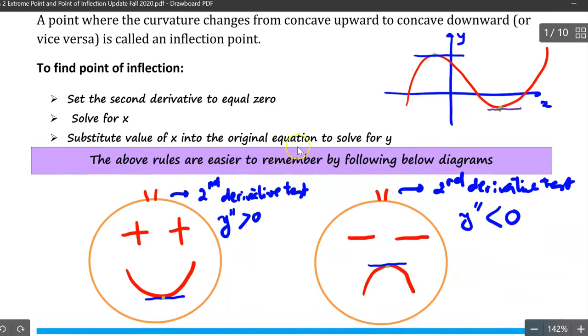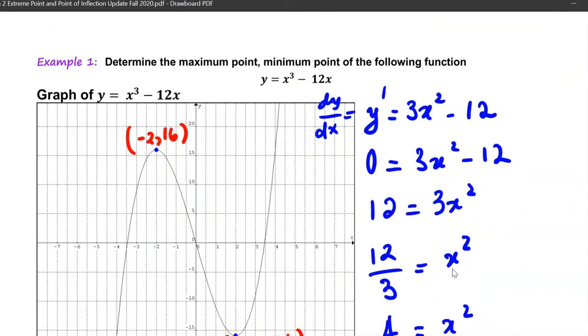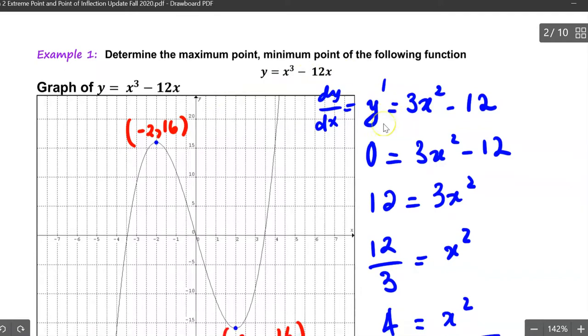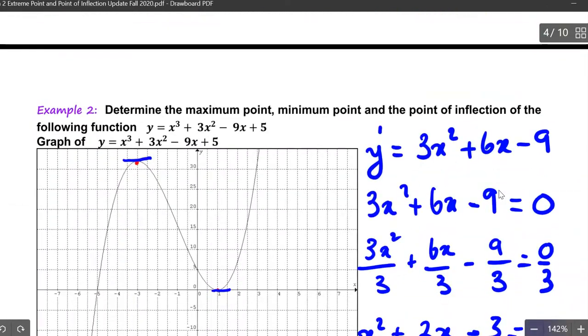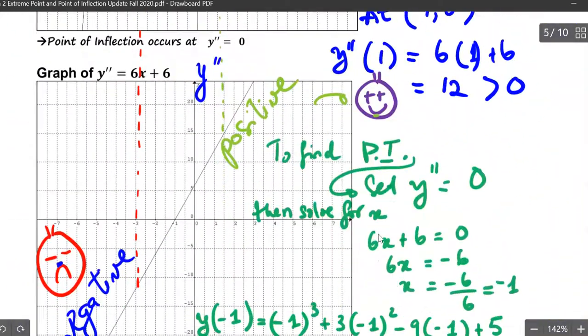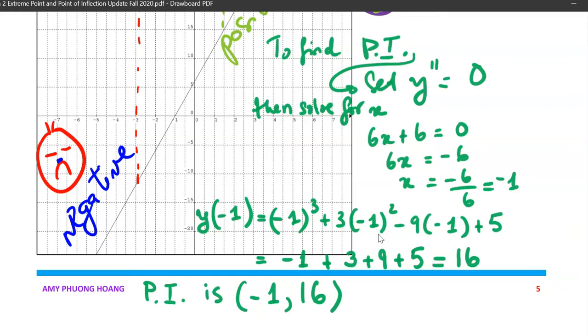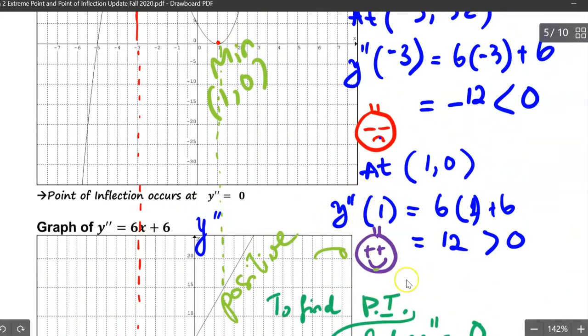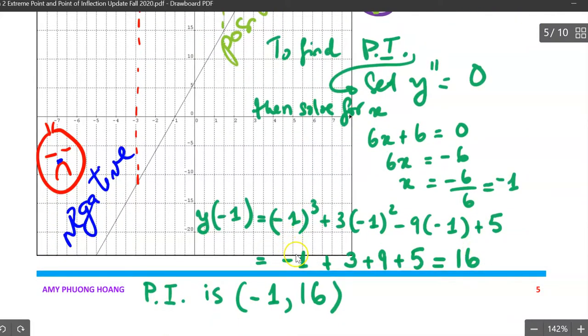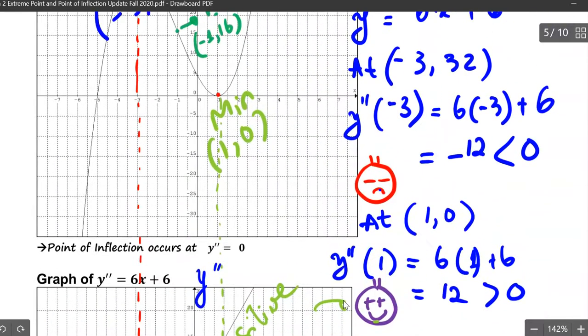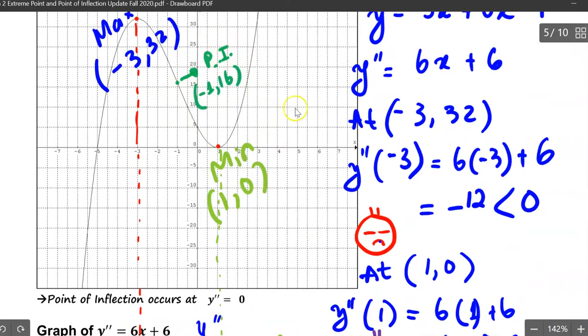I summarize all of this into this smiley face and this sad face right here. Then we worked with one example where we just find the maximum and minimum point and use second derivatives to prove it. For the next example, we have a point of inflection. A point of inflection is found by setting the second derivative equal to 0, solving for x, substituting it into the original equation to solve for y, and it's a good idea to double check on our graph to see if it matches the graph that we sketched.